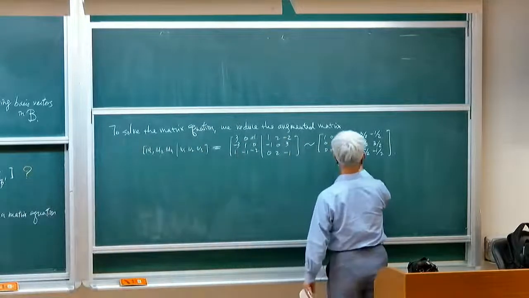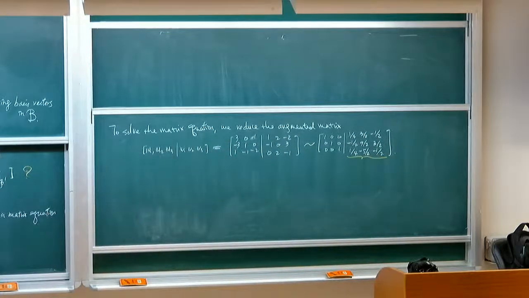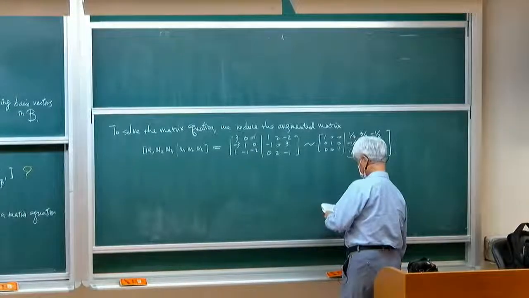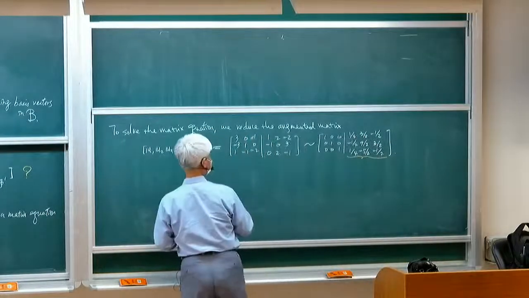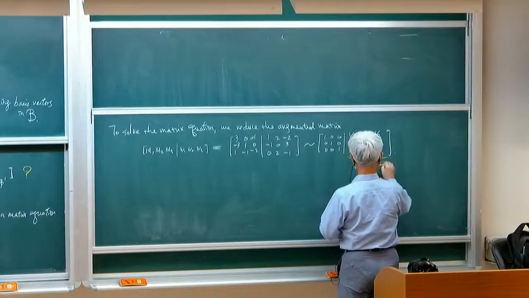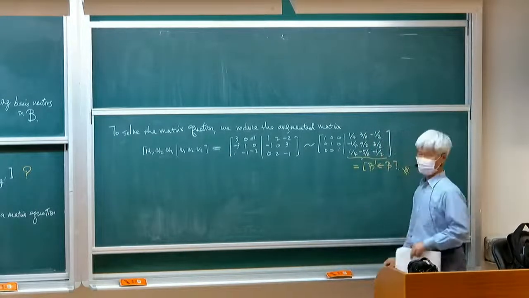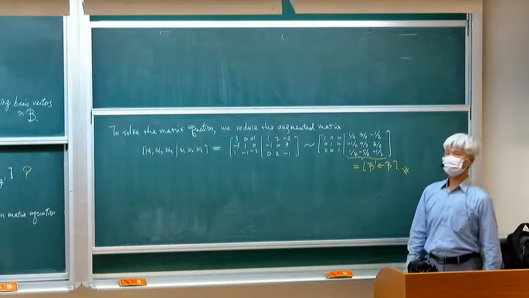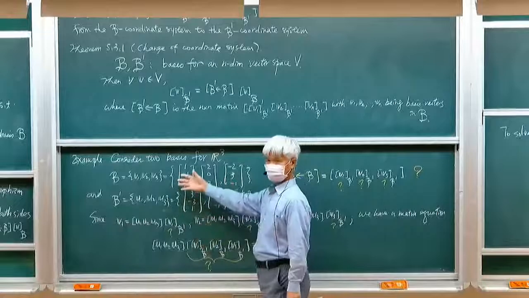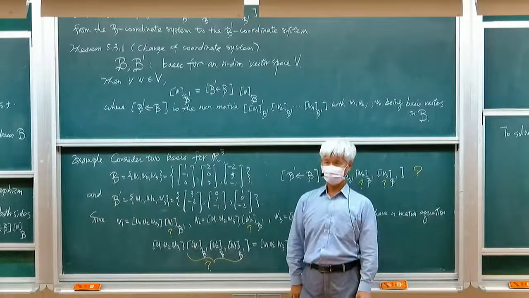So this is our unknown matrix, the solution. And we are done. Finished. We just turned the problem into a matrix equation.